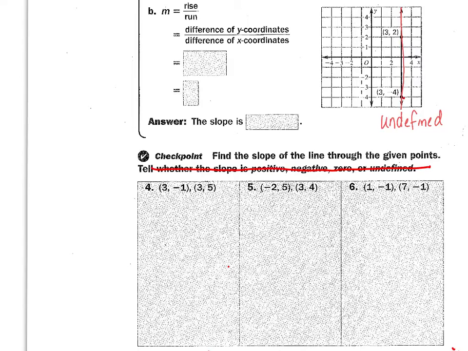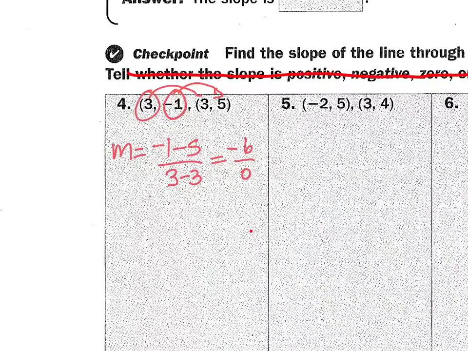Okay, but look at these. Okay, so I'm going to find the slope, and I'm going to do y minus, that one's y, so negative 1 minus 5 over, I gotta come back here, and 3 minus 3. Well, you get negative 6 over 0. What happens when you try and divide by 0?